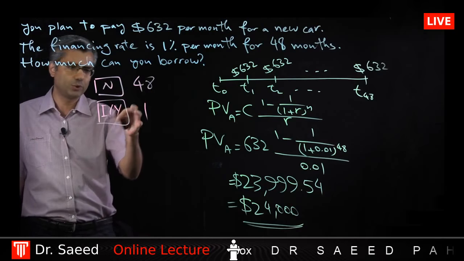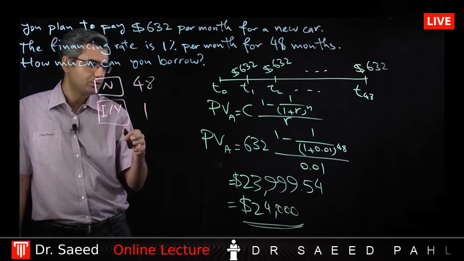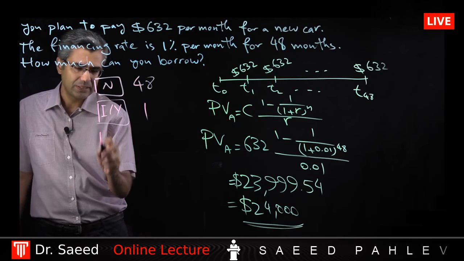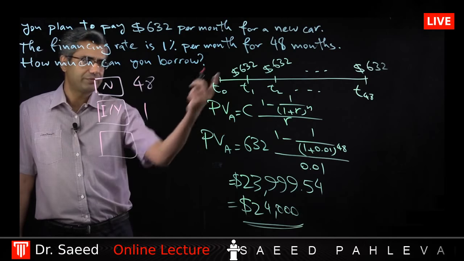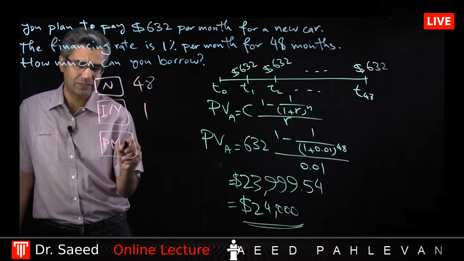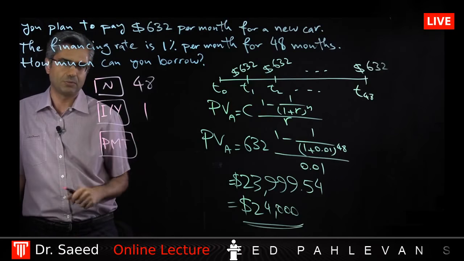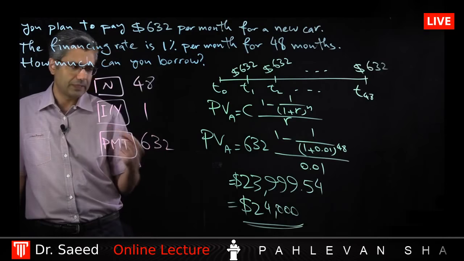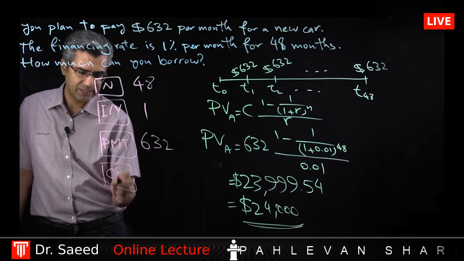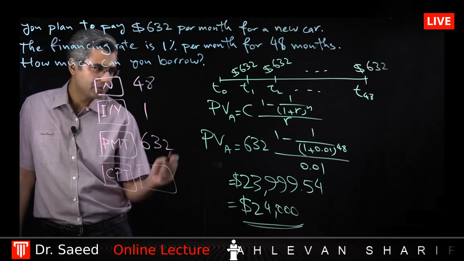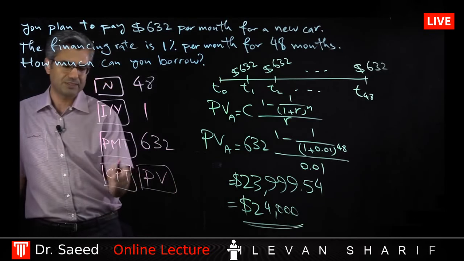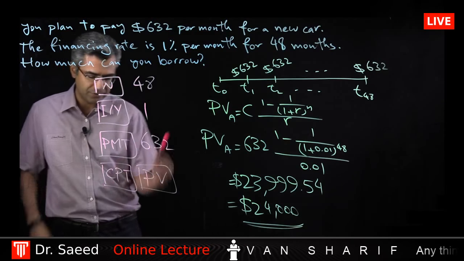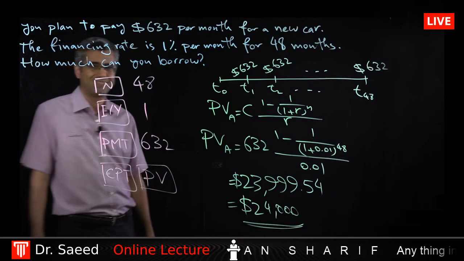When you use a calculator, no need to enter the interest rate in decimal points. So just key in 1. And then what else? C means the same cash flow, in this case, the payment. In the calculator, Texas Instruments BA II Plus, the button is labeled PMT. So PMT is 632. And then CPT means compute. Compute what? Compute present value, PV. Then you press CPT and PV. For more information about how to use the calculator, please refer to the video on the financial calculator.